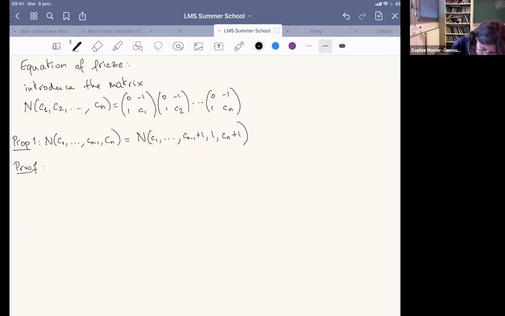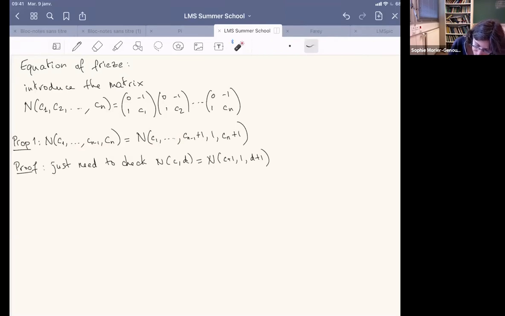We just need to check that if I compute with these 2 values, that's the same as if I compute with these 3 values, C+1 and D+1. Here I have a matrix obtained as a product of 2 matrices.